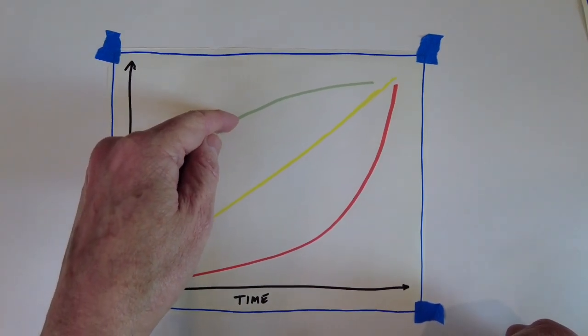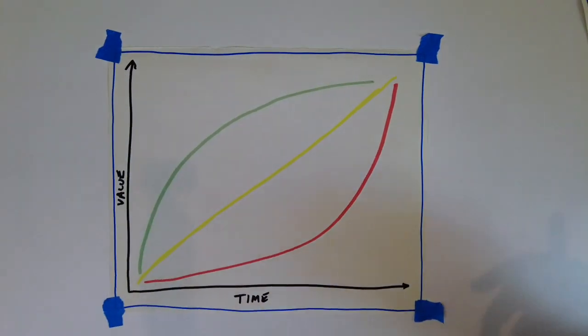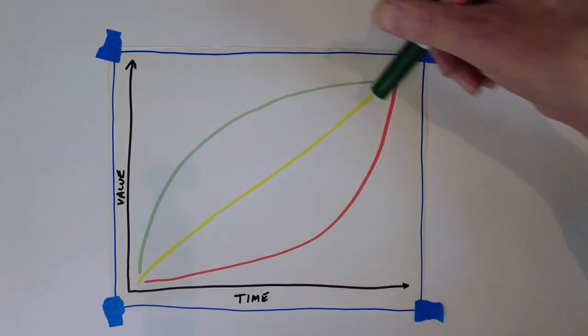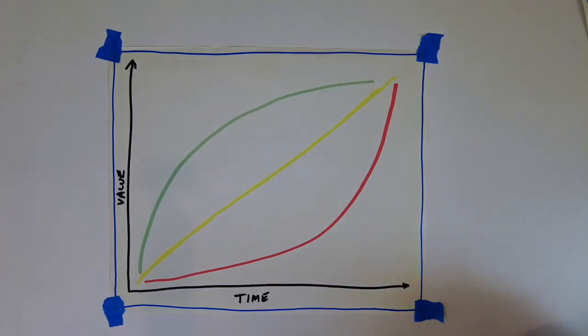But then over time, we get to those features or parts of our requirements that are not as valuable, and so that curve begins to flatten out. We're not doing as much value near the end. So prioritization allows us to have that curve in green.